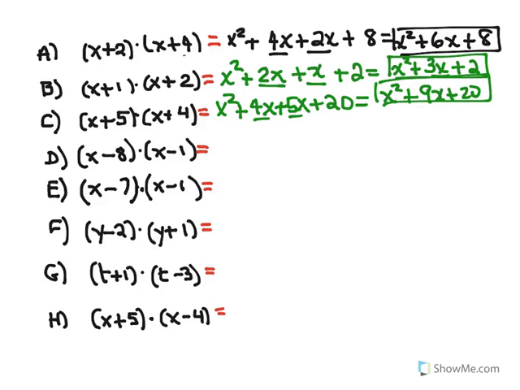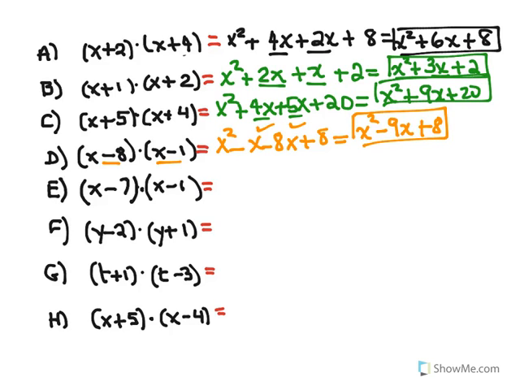Okay, now let me go here. Now I have two negative signs, and that will be x squared minus x times 1, x minus 8x plus 8, and I can combine these two. That will be x squared minus 9x plus 8.